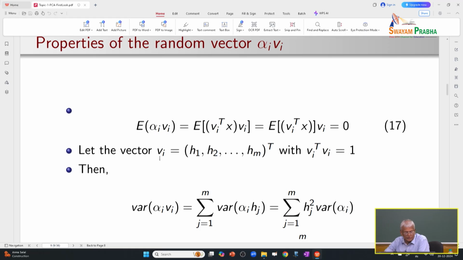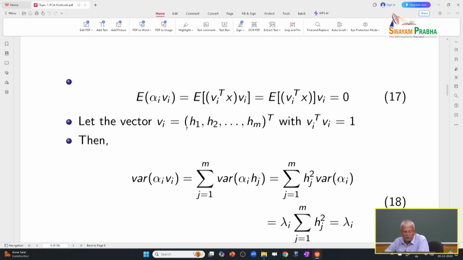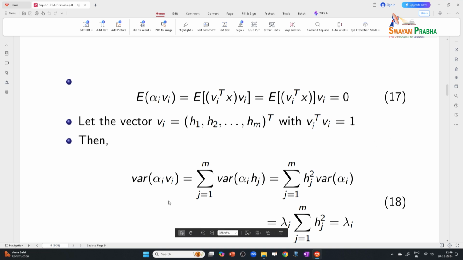Let's assume this vector Vi has m components, h1, h2, hm. We already know Vi transpose Vi is 1. So I am simply trying to express the elements of the vector Vi as h1, h2, hm. We already know it is normal. Therefore, alpha i Vi is equal to alpha i hj, j from 1 to m.